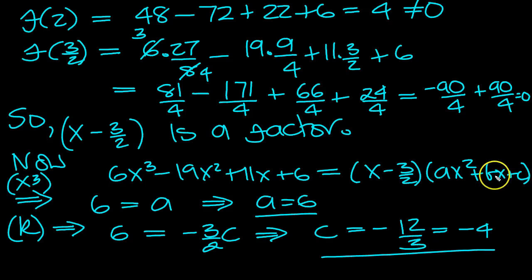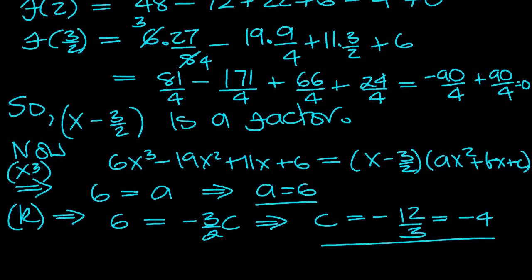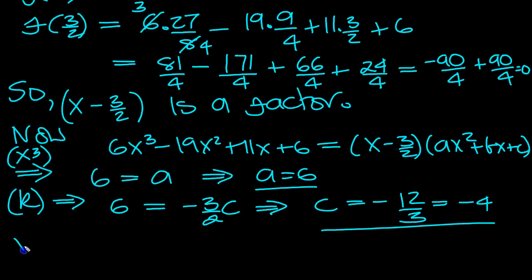Now we need b, which we can get if we consider which term would be best. Let's consider the x's, I think that'd probably be best. Here we've got 11 on this side, and on that side we're going to get cx, which is minus 4x, from this expansion, and then we'll get minus 3 over 2 b lots of x.